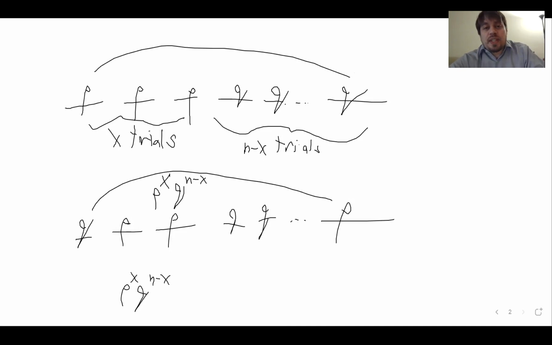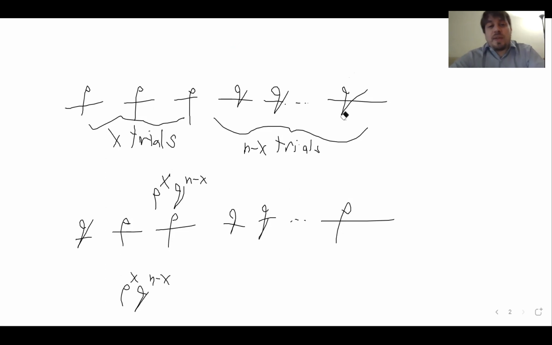And so here, for P to the X times Q to the N minus X, you're finding the probability of one such ordering of X successes and N minus X failures in N Bernoulli trials. Every time you have a new ordering, you add that probability.